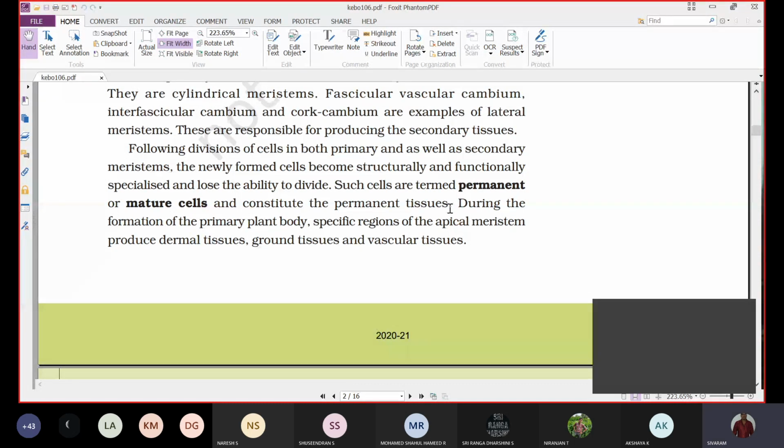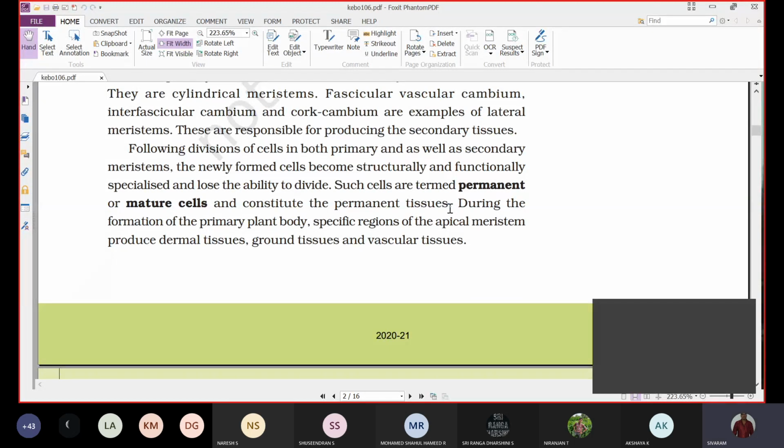Suppose there are 10 meristematic cells undergoing cell division in the meristem. All these 10 cells will divide and give rise to 20 cells. But out of these 20 cells, only 10 cells will retain the capacity to continue cell division. The remaining 10 cells will lose the ability to undergo cell division, and they are transformed into specialized cells, depending upon the requirement of the plant body and the functioning of the plant.